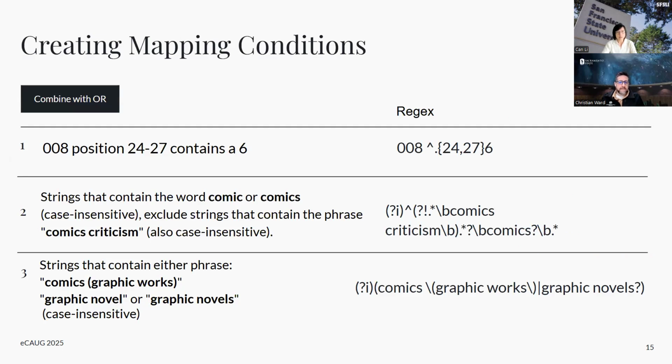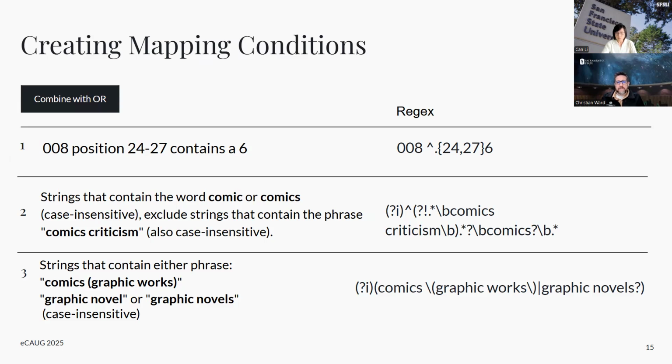So that's why we created rule 2 and rule 3. And this is where things get complicated. Our goal is to catch all comics and graphic novels, and then also be able to handle all the incoming records.